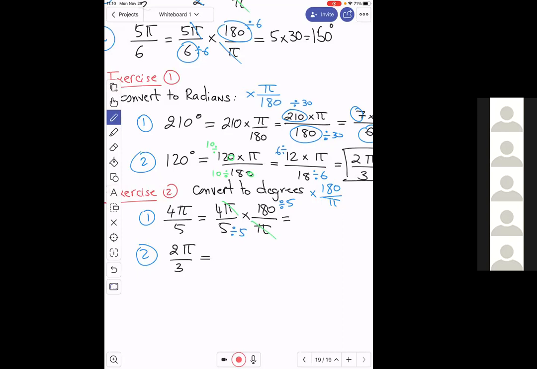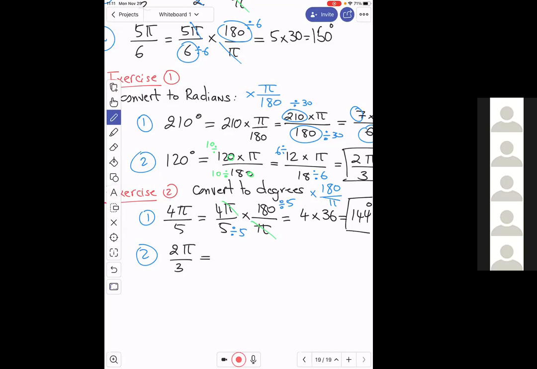So that's 4 times 36, and 4 times 36 is 144 degrees.